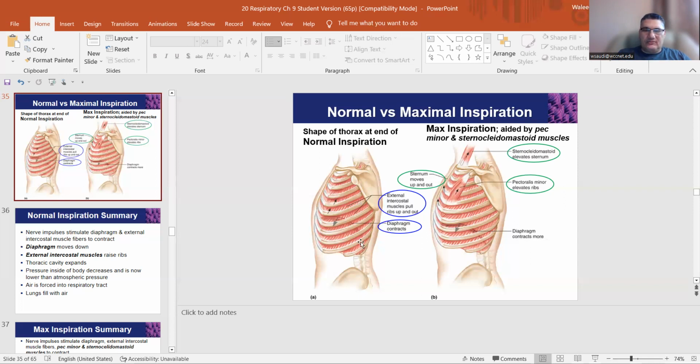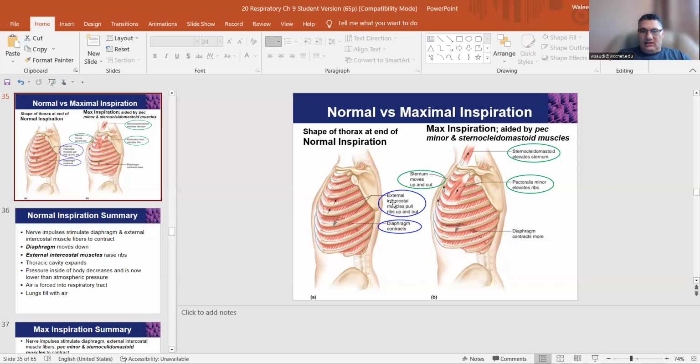Diaphragm moves down to become flat, and external intercostal pull the ribs up. And when you pull the ribs up, the volume or the size will increase.